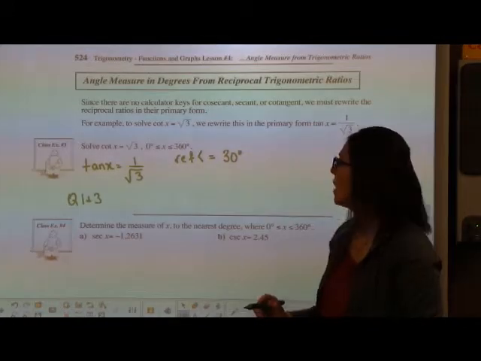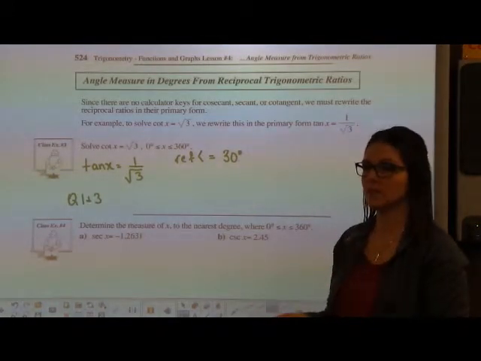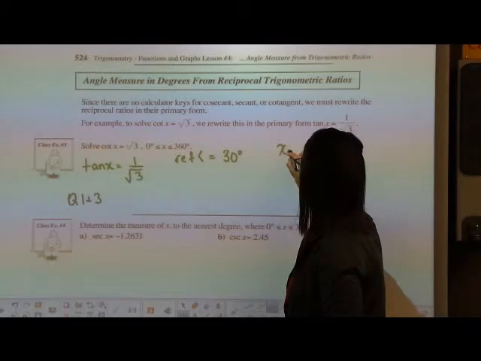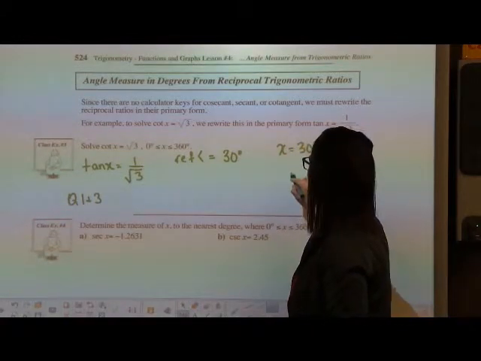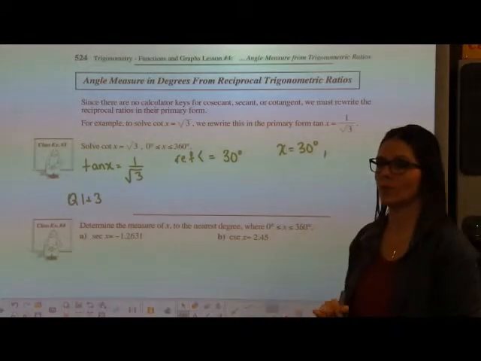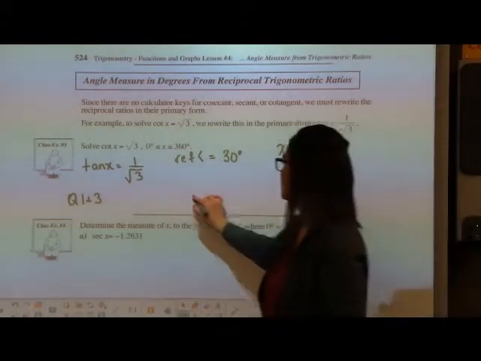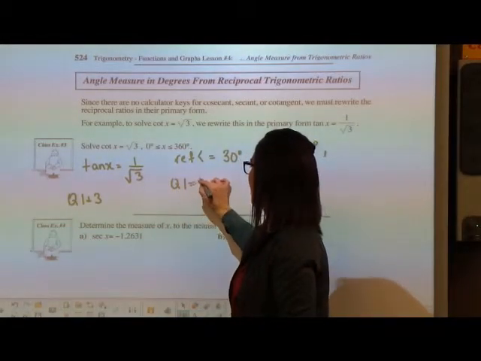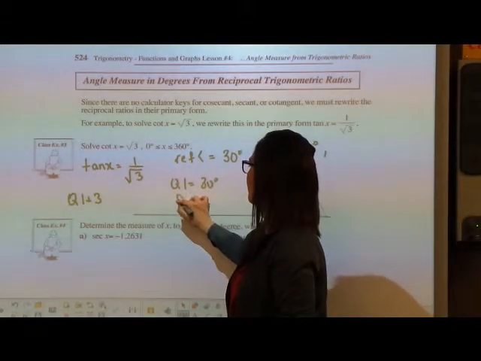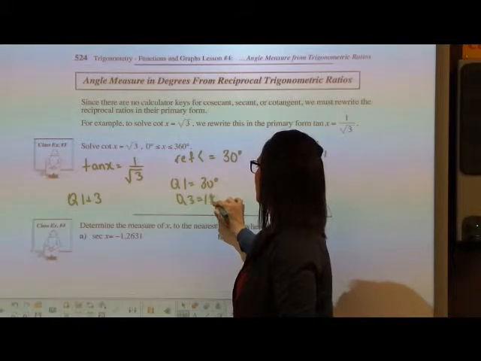So in quadrant 1, what would angle X equal? 30 degrees. And in quadrant 3, what would X equal? 210 degrees. And you get that by doing what? 180 plus 30. Good.